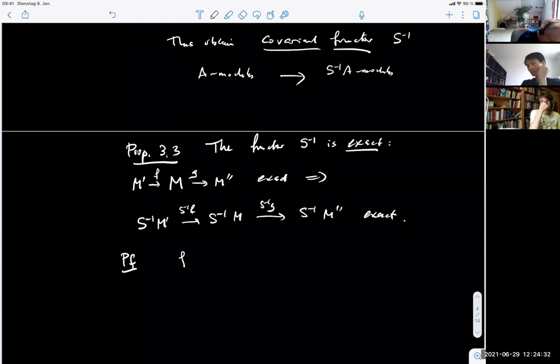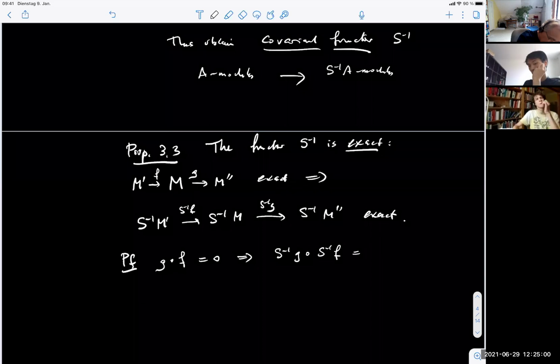Good. So let's start. When I first do F and then G, I compose, then I get 0. Because the image of F equals the kernel of G, so the image of F is contained in the kernel of G. Then I apply my functor.